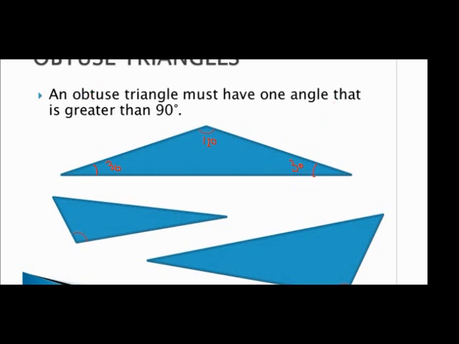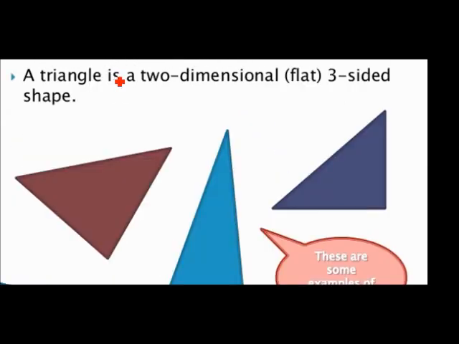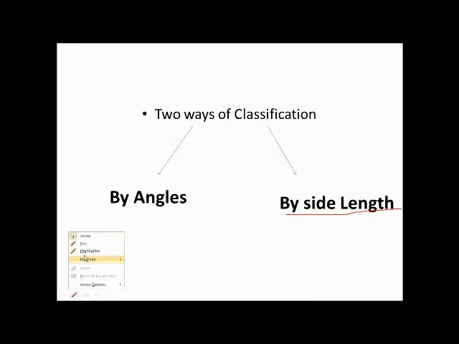So all angles together must equal 180. Again, there are 2 ways for classification. One is by angles, and the sum of all angles in any triangle is 180 degrees.